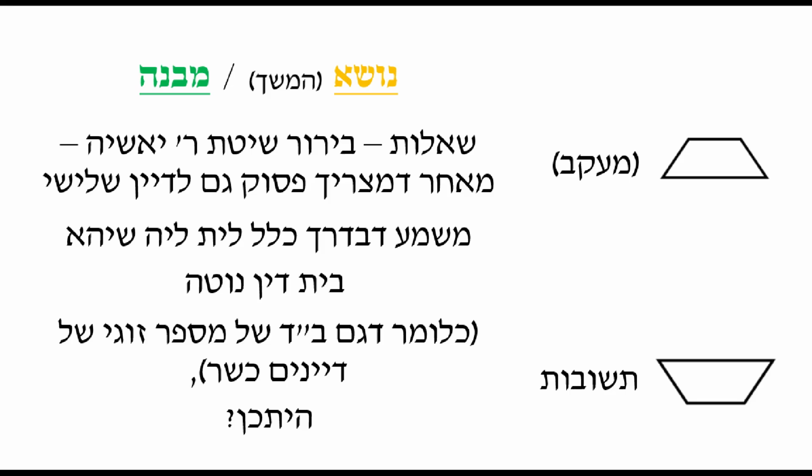Me'achar detzorech posuk gam l'dayan shlishi. We see that Rav Yoshia requires a posuk for the third judge. Mashma de b'derech klal leit leih beis din noteh. It seems that he doesn't hold in general from the idea of having a beis din noteh. Beis din noteh means klomar degam beis din shel mispar zugi shel dayanim kosher, an uneven number.